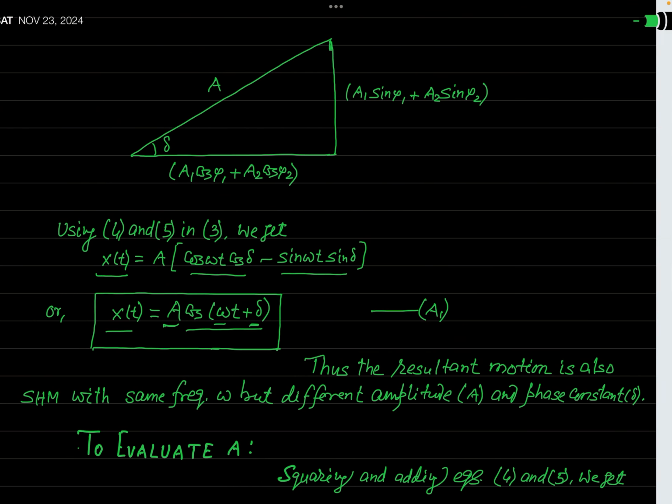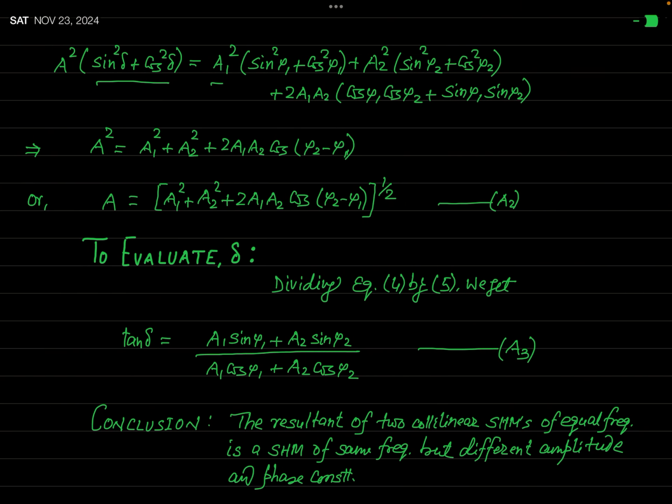Now our result is A1 square times [sin square phi 1 plus cos square phi 1] plus A2 square times [sin square phi 2 plus cos square phi 2], and the third term will be 2A1A2 [cos phi 1 times cos phi 2 plus sin phi 1 times sin phi 2]. Now you know sin square phi 1 plus cos square phi 1 and sin square phi 2 plus cos square phi 2 are both equal to 1.